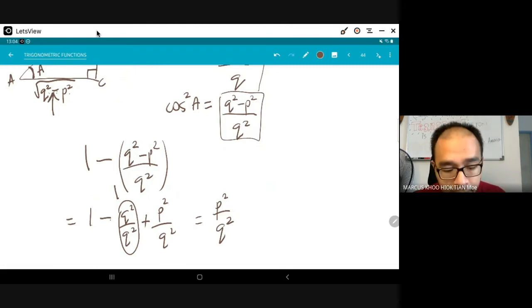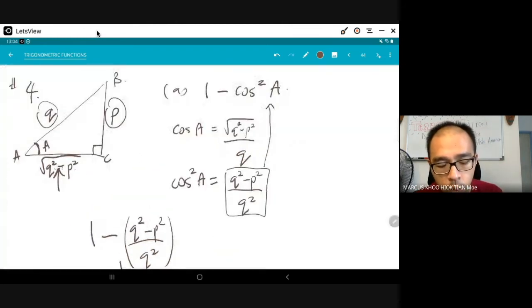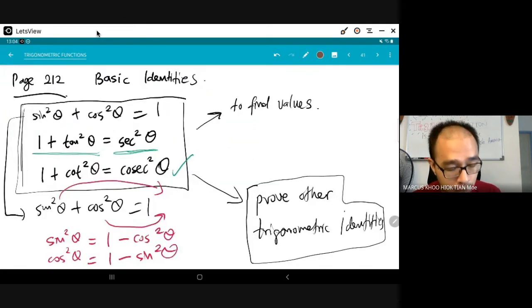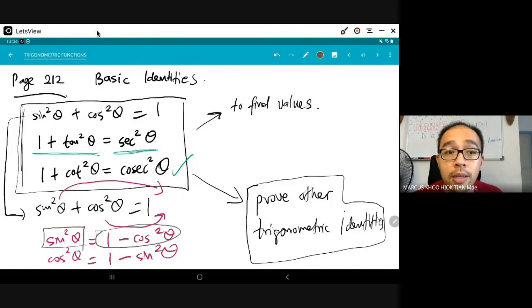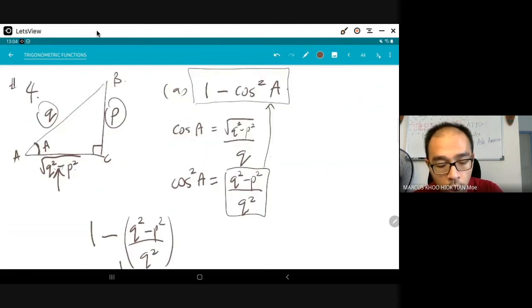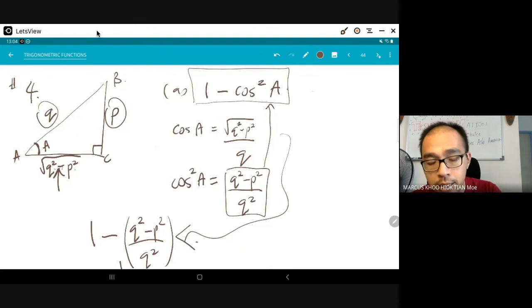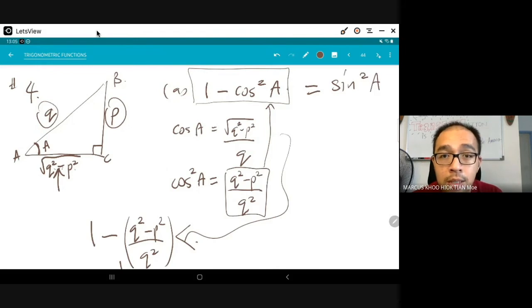But when you know the identity, look, it's 1 minus cos squared A. Let's go back to this one. 1 minus cos squared A is actually equal to sine squared theta. So instead of doing it the long way, this is equal to sine squared A. And from the triangle, you can tell me, what is sine A?